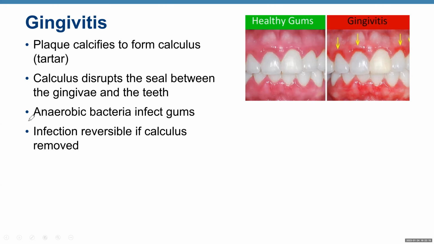Anaerobic bacteria, that don't require oxygen, infect gums, and infection is reversible if calculus is removed. So here you can see healthy gums, and these are gums that are infected. Gingivitis, itis means inflammation of gingiva, that are your gums.